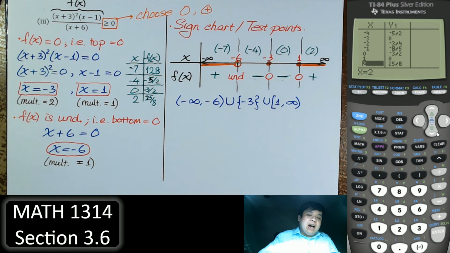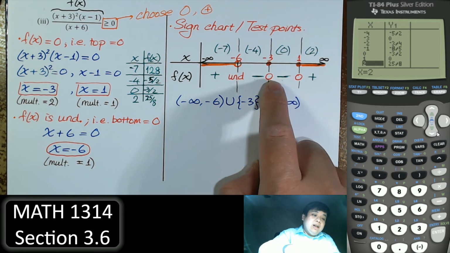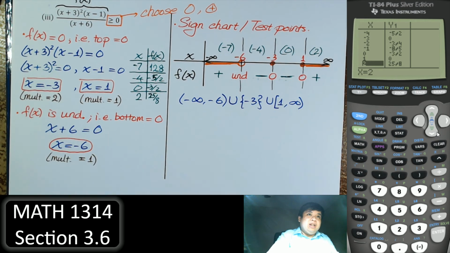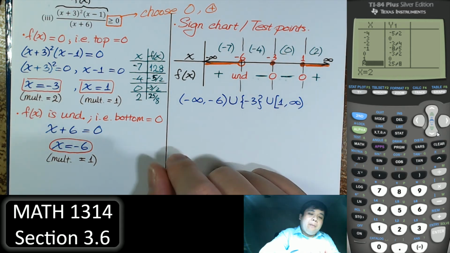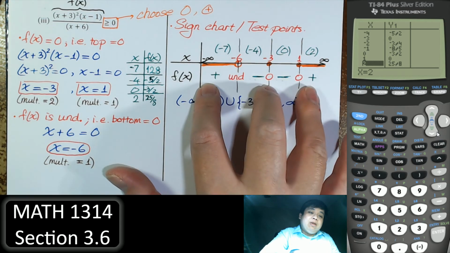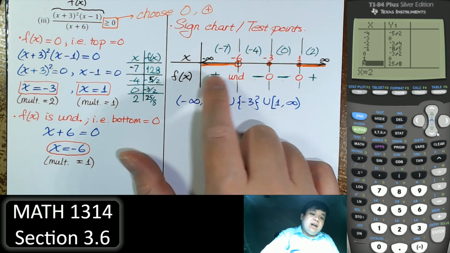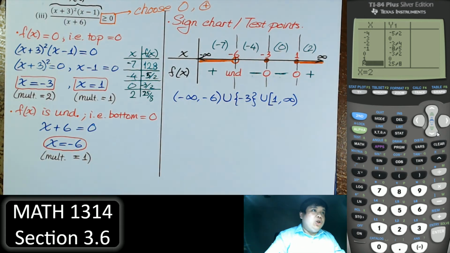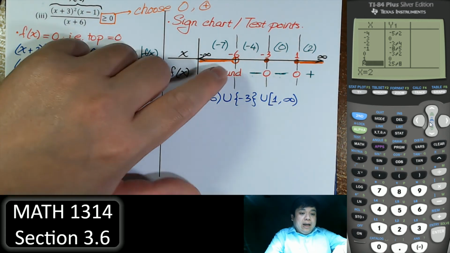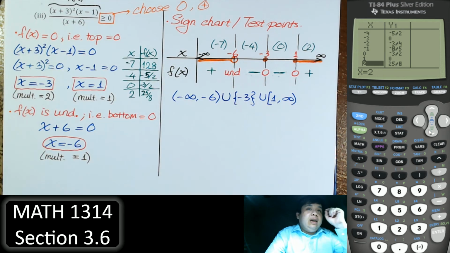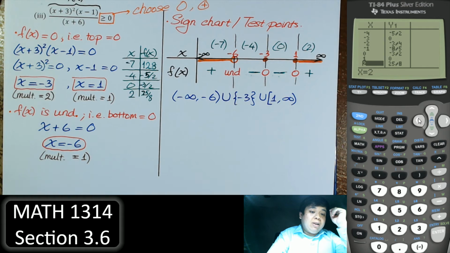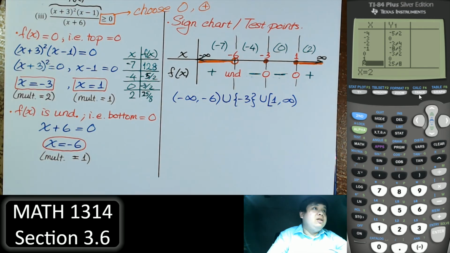From the sign chart, like I said, the multiplicity will help us check our answer. Then go back to the problem and choose what we want, and we never choose anything that makes the bottom equal to 0, because that's undefined, so that will never be part of the answer.